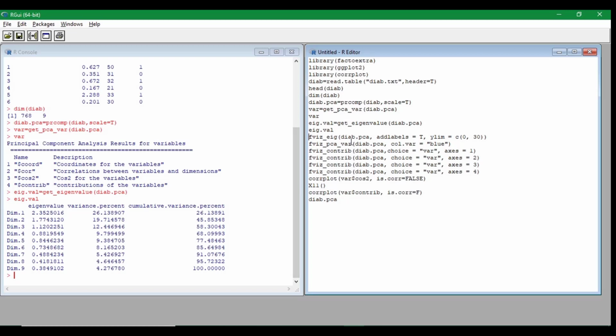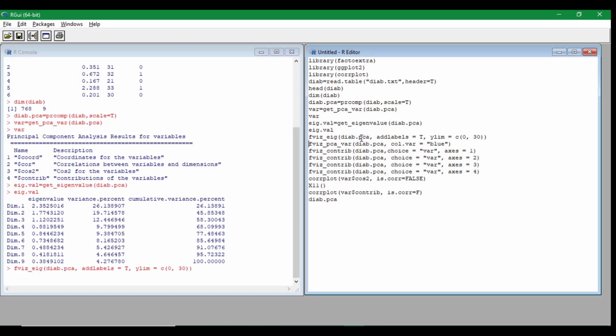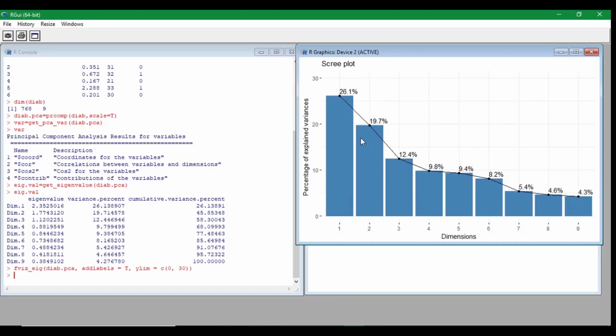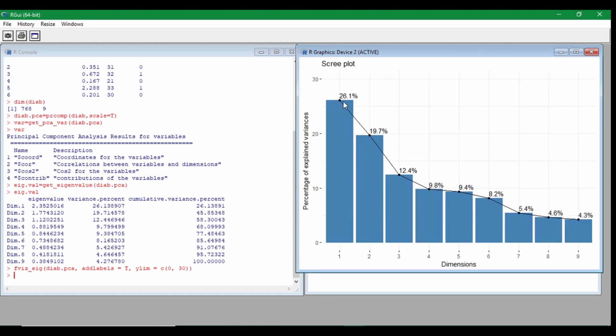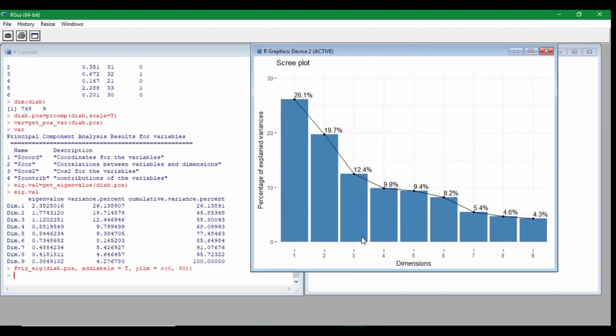Now let's look at a plot. This is a scree plot of our principal components, and it shows the percentage variance for each principal component. So we can see that the first is 26.1%, 19.7%, 12%, and 9.8%.